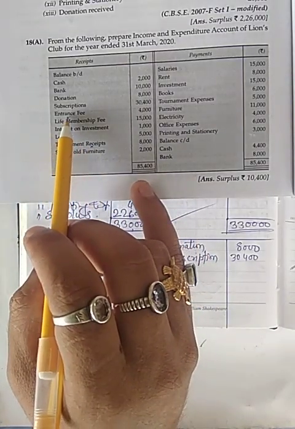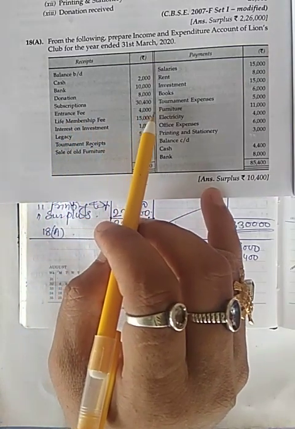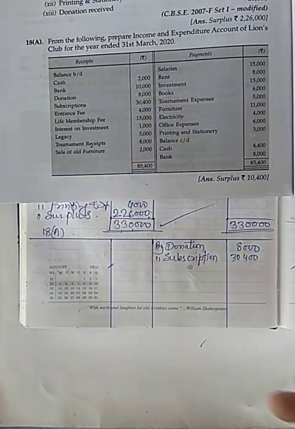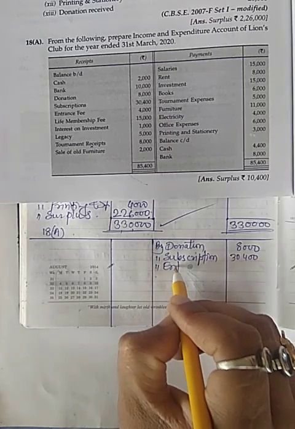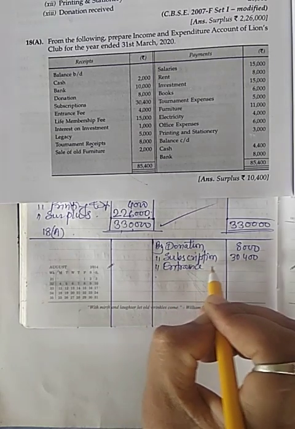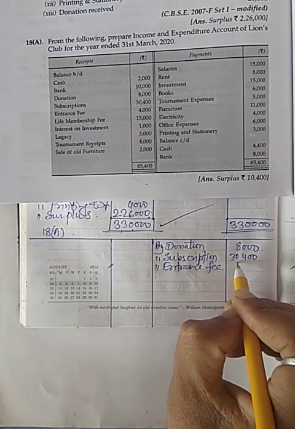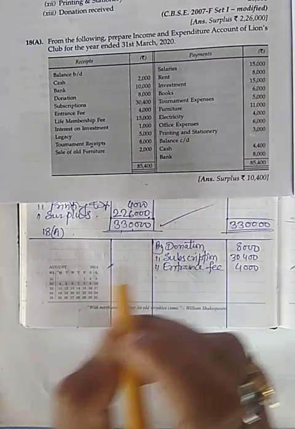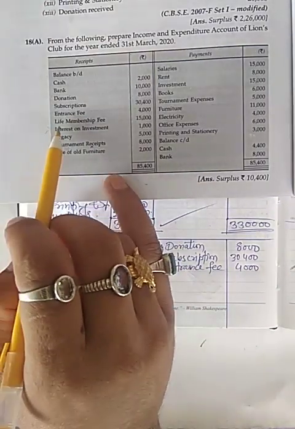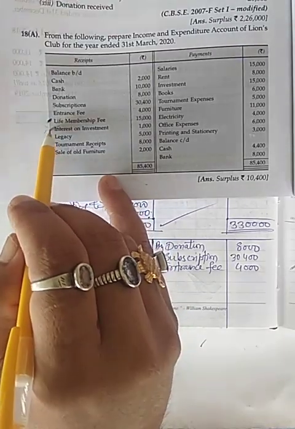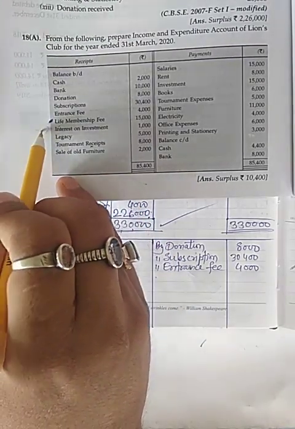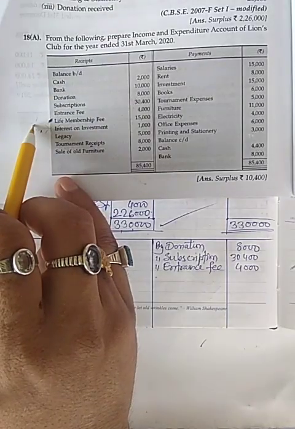Now next point is given entrance fee 4,000. So I will also write entrance fee 4,000. Now next point is life membership fee. Student life membership fee is shown in liability side.